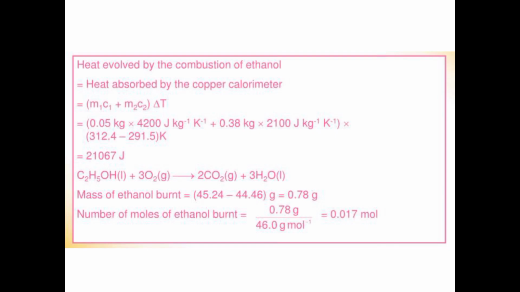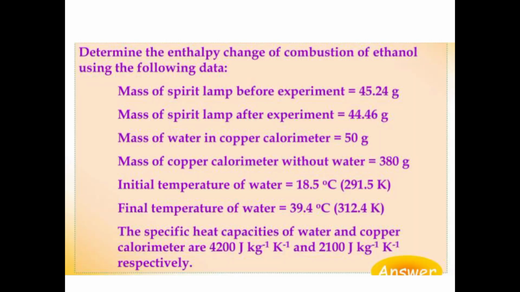Like I said, you are still going to look for the number of moles. Now the mass of ethanol that was burnt here: the mass of spirit lamp before the experiment was this, but because it underwent combustion, the mass of the spirit lamp that was remaining is this. That means the mass of spirit lamp that actually was burnt is 45.24 minus 44.26.